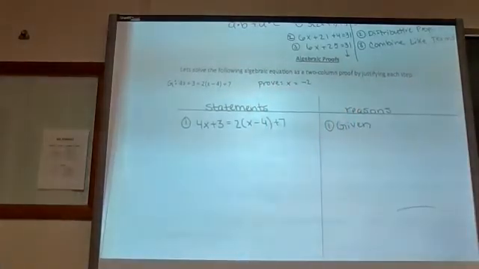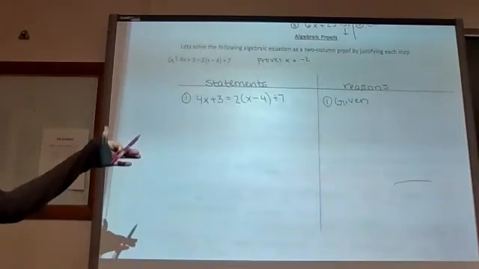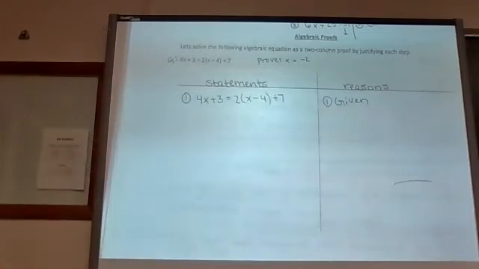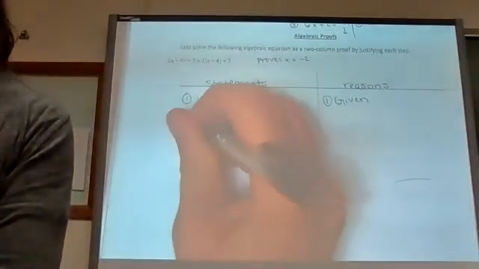That's given to me. I'm making this statement because I was told that that was my equation. It was given to me. From that statement, I can write a new statement. What would the next statement that I can make be?